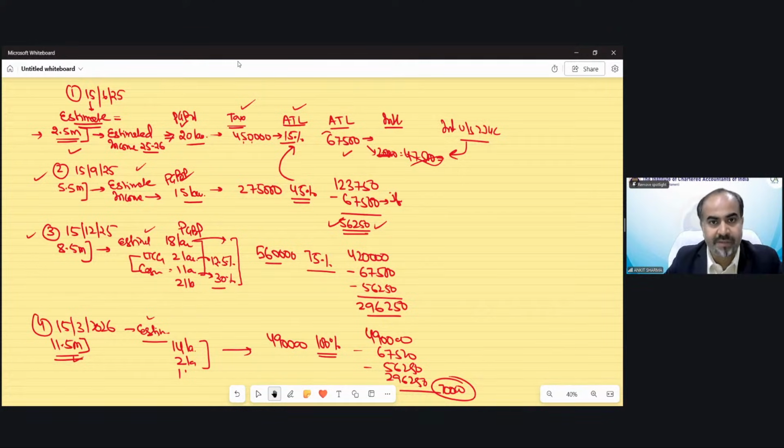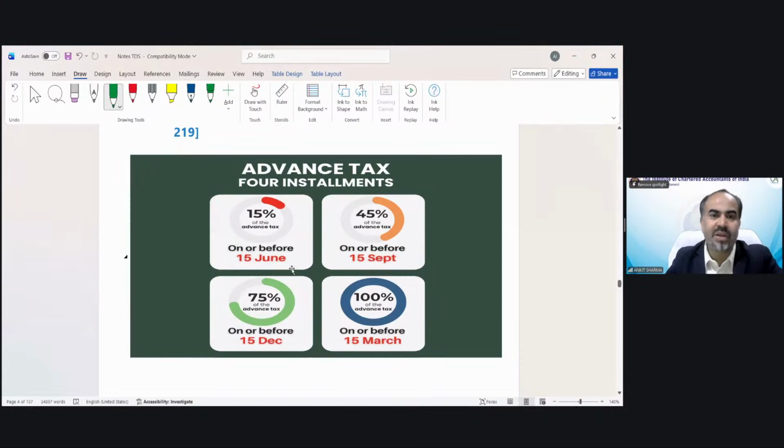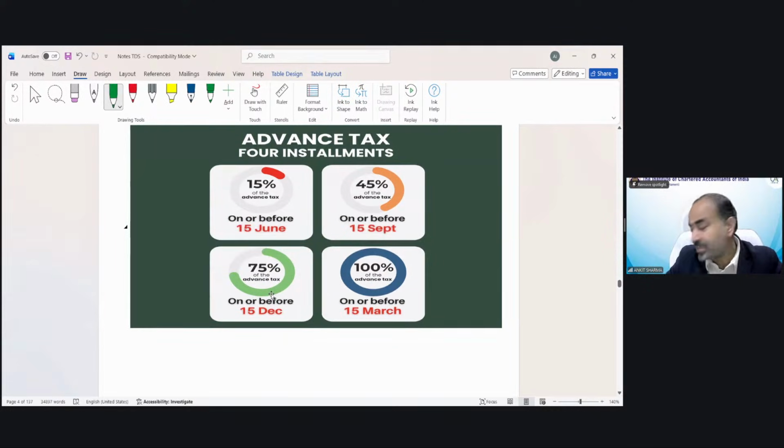Now we are discussing the advance tax provision. So now you understand what exactly we have to do in this. Okay, there are specific dates you can see: 15% on or before 15 June, 45% on or before 15 September, 75% on or before December 15, and 100% on or before 15th of March.